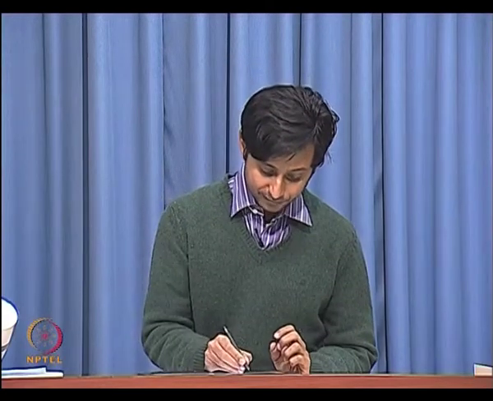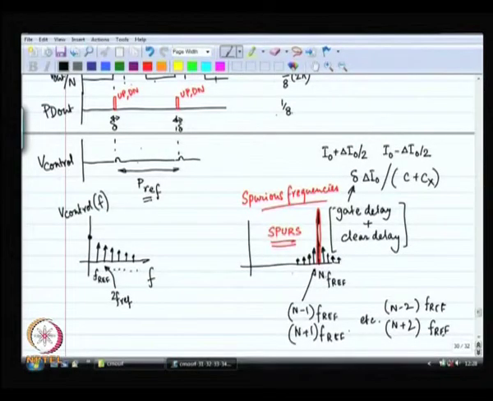Now, these glitches are going to appear periodically at the reference frequency. That is the periodicity involved, which means that if I look at a plot of the spectrum of the control signal, then I will have a DC and I am going to have all of these tones.